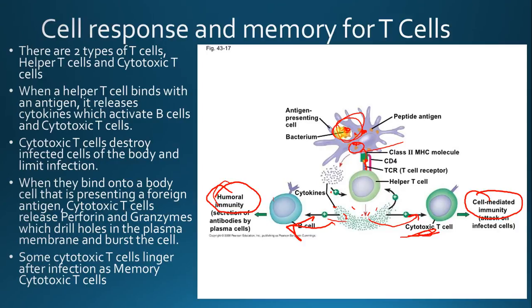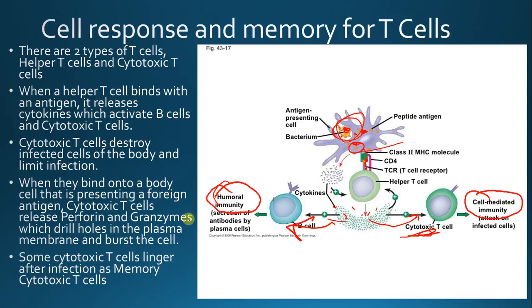So a cytotoxic T cell is looking for the body's own cells that have been infected. When it binds onto a body cell that's presenting a foreign antigen, like a phagocyte presenting a foreign antigen, and some of your body cells can do that too, it attaches there and releases perforin, which puts holes in the plasma membrane, and then granzymes that burst the cell.